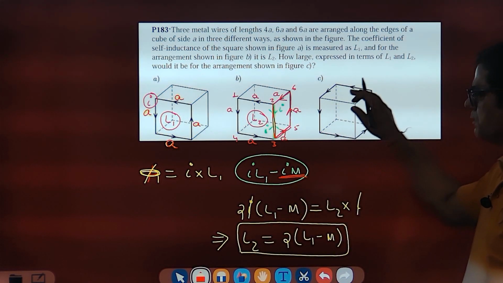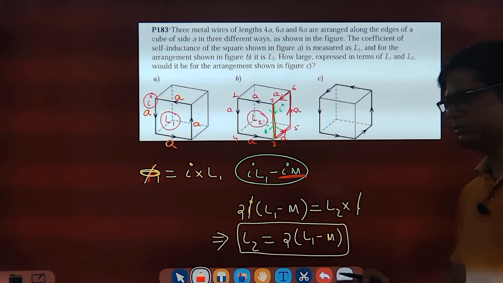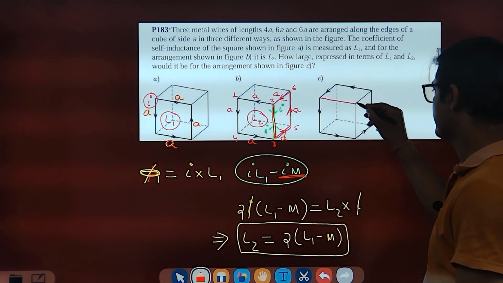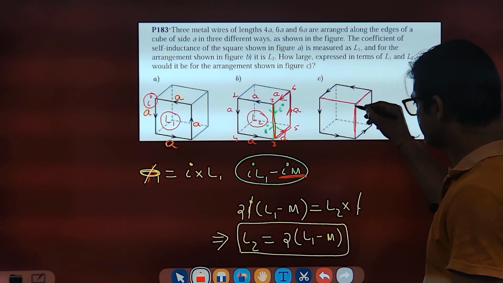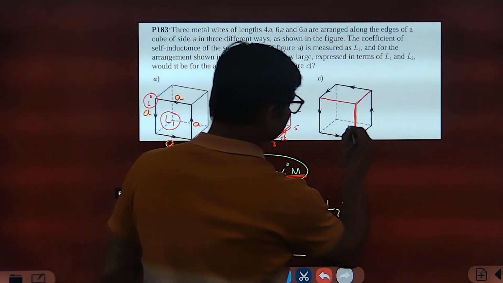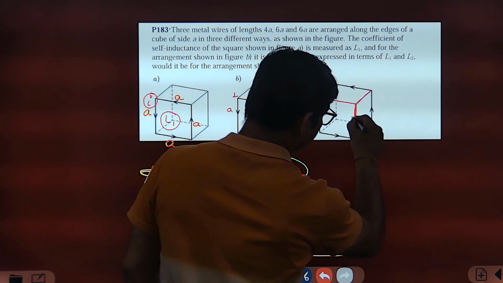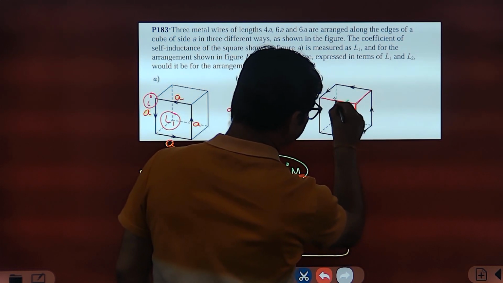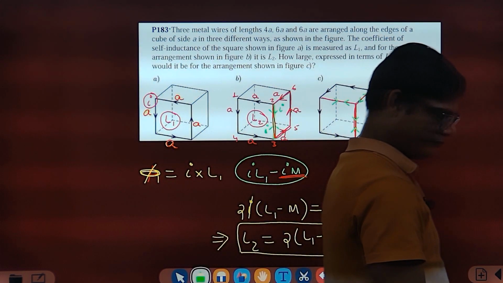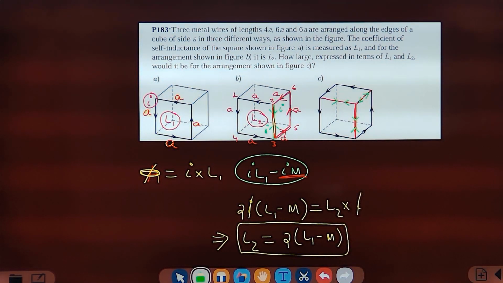Although this is one loop, as you can see, we will make it a combination of 3 loops by assuming current to be flowing in these 3 branches, equal amount of current, up, down, and then left, right, in, out, so that we are not altering the flow of current in any branch. Current in this branch was 0 and now also it is 0. Current in this branch was 0 and now also it is 0, and the same is true for this one.